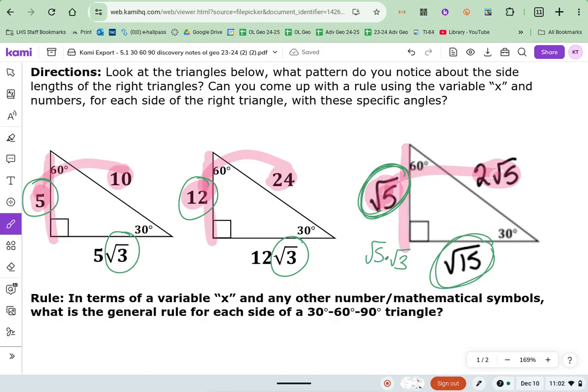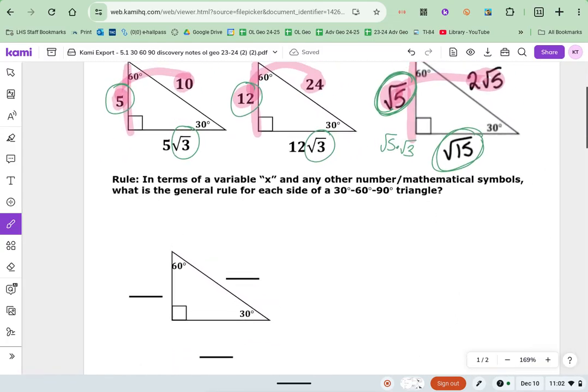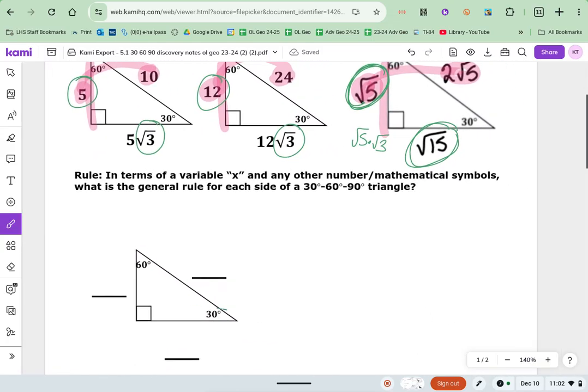Okay, so the generalized rule for this is whatever is across from 30 in our triangle, aka the short leg, is your x. The shortest side of the triangle is across from 30, and that's from our last unit too, right? The smallest angle is across from the smallest side. So this is going to be our smallest side across from our smallest angle, 30. So that's x. Your hypotenuse is double that.